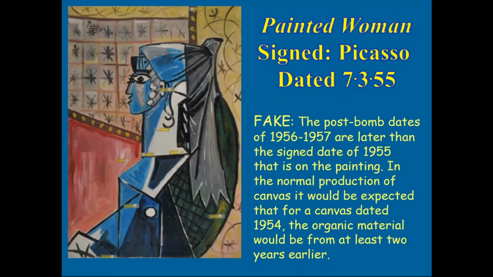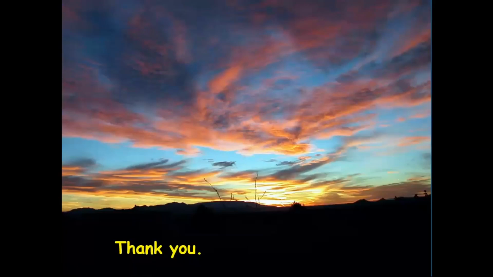It turned out, however, when we radiocarbon dated it, that it was a fake. The date was later than the signed date of 1955, and so it couldn't have been produced as it was said on the canvas in 1955. And that concludes the talk.